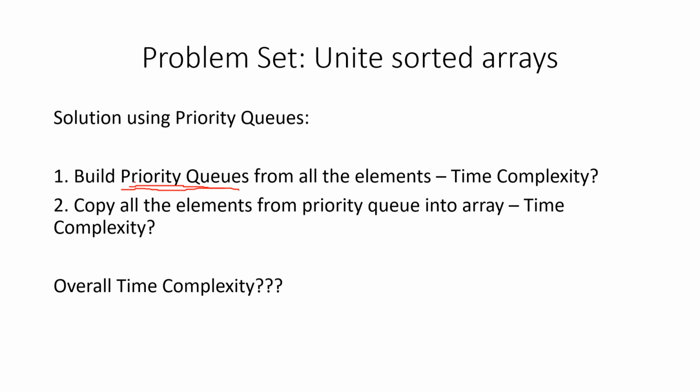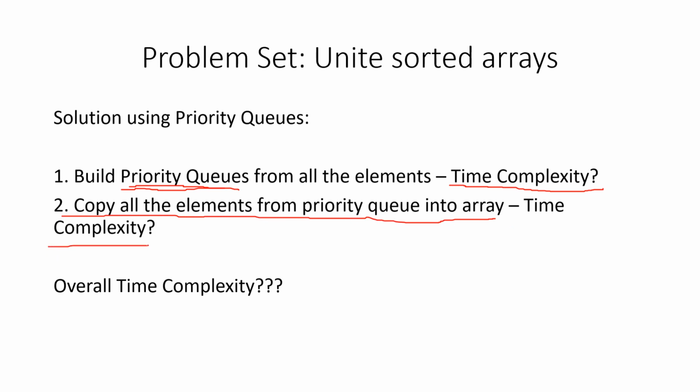The priority queue is implemented by using the binary heap. Think about the time complexity, and also we need to copy all the elements from the priority queue into the array. What could be the time complexity?